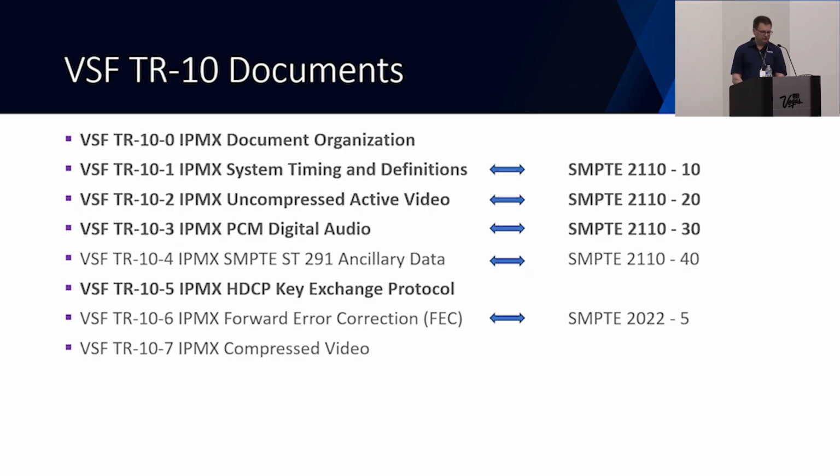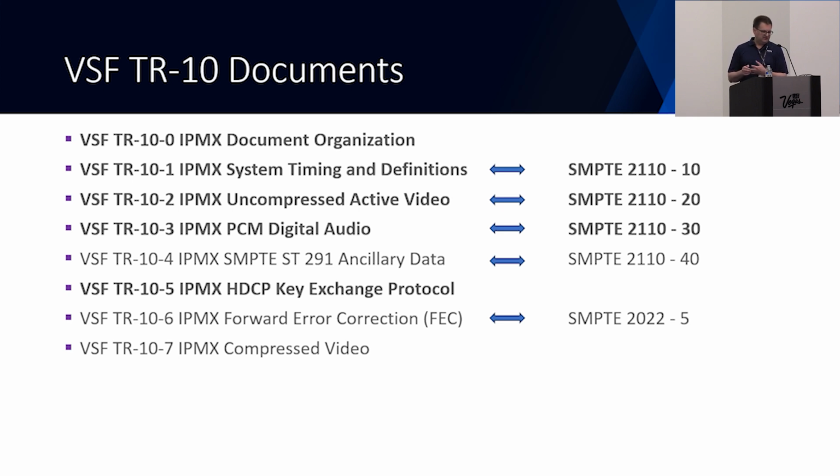14 specs are available today. TR-10-2, 3, and 4 are for audio, video, and ancillary. They are the equivalent of the SMPTE 2110 specifications. We added TR-10-5, which is HDCP, and TR-10-6, which is forward error correction, strongly based on SMPTE 2022-5.